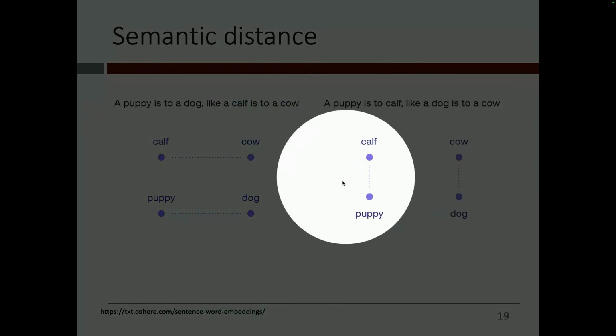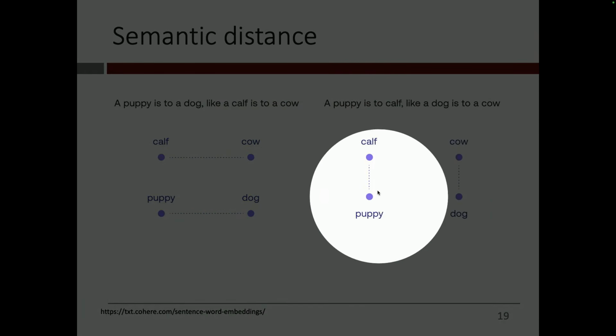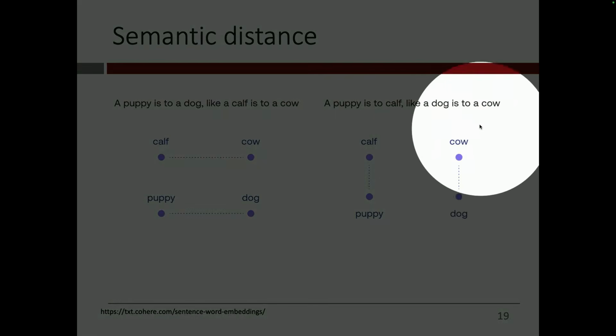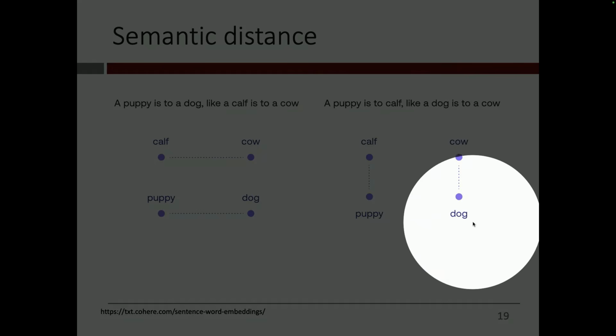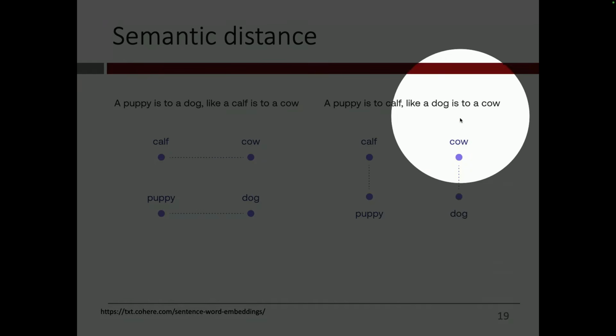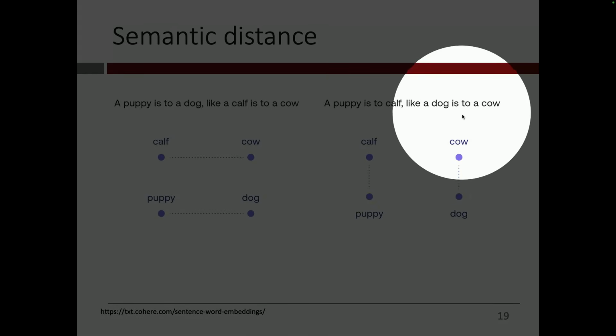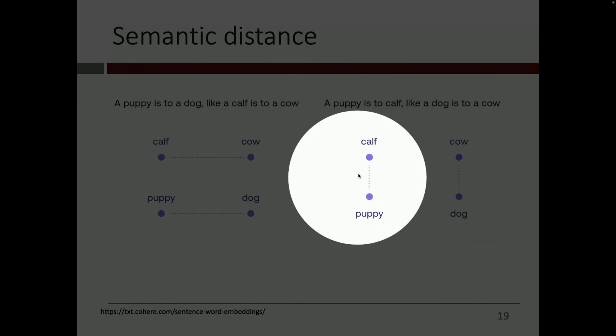But maybe if you go in the vertical direction, you're essentially going up and down the young entities of animals, okay? So here you're still across the same dimension of animals. You're just going from the same age level, right? That is the band here. So this is the grown-up version of a whole bunch of animals, the puppy version of a whole bunch of animals.